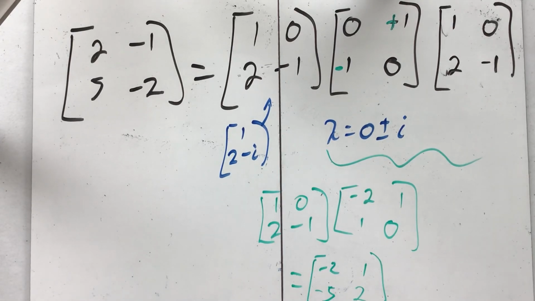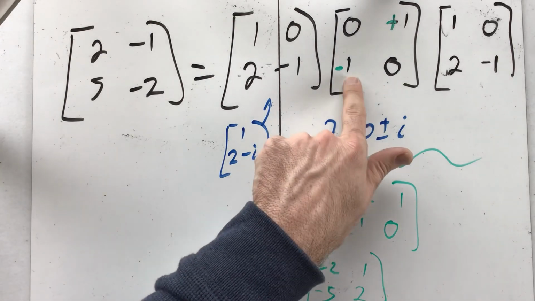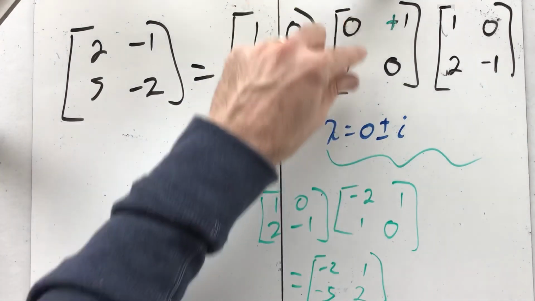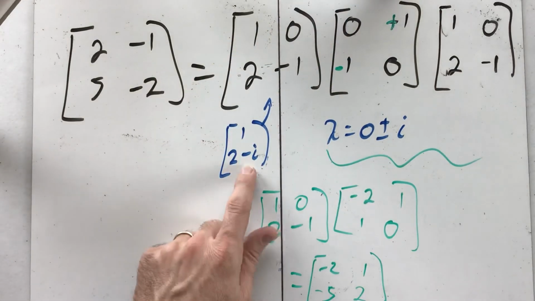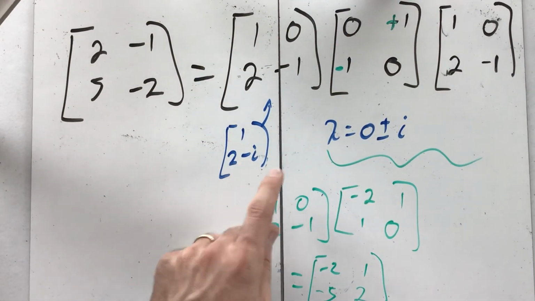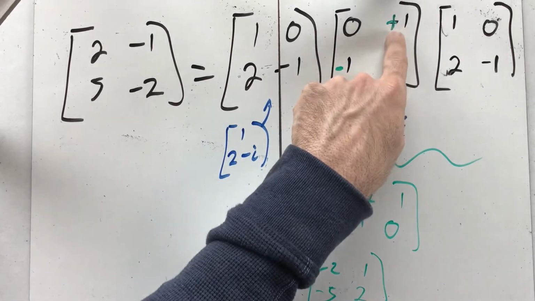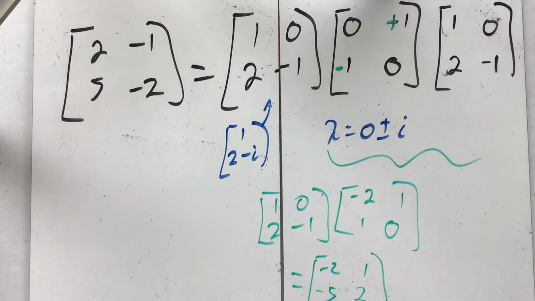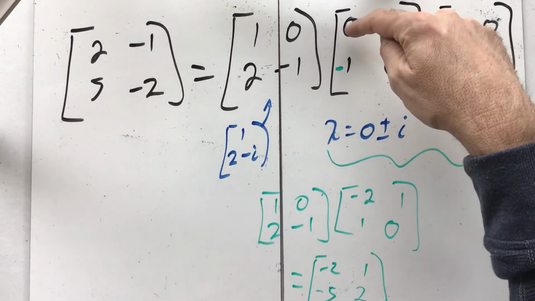If I were more careful, I would actually go read and make sure that I'm getting my positives and negatives right. My guess is that we put the -1 here because this first column vector, because the vector we used was 2 minus i, so we're going to put the positive i in that upper right hand corner. So we're going to do like positive.